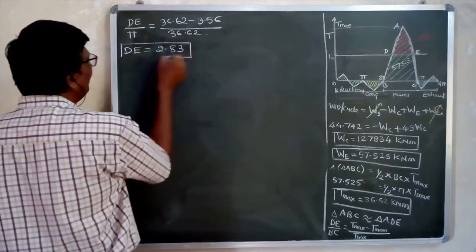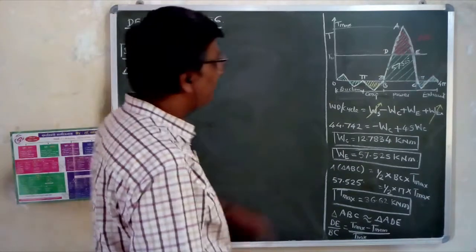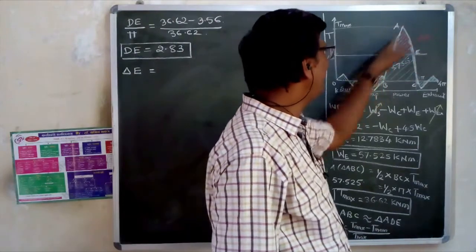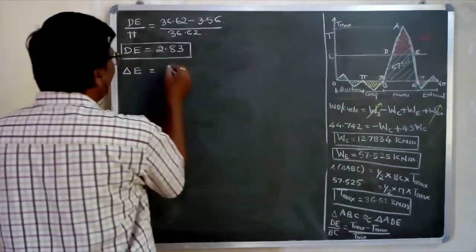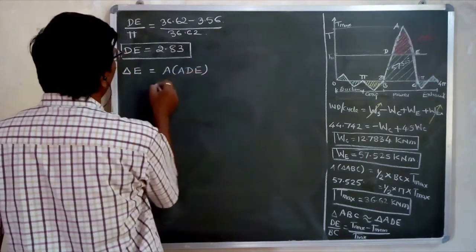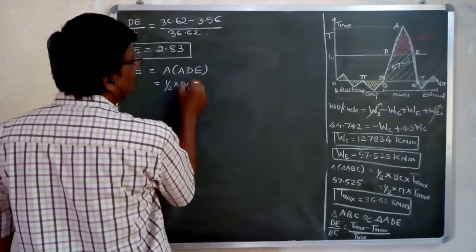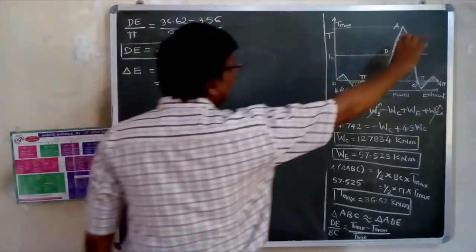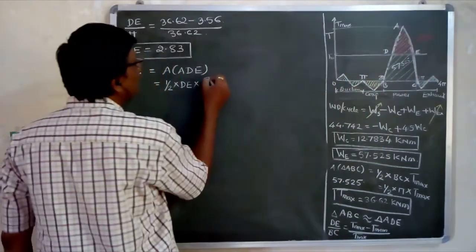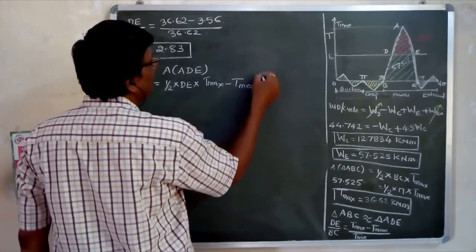Now you can calculate delta E. What is delta E? Delta E is nothing but equal to area above this line, that is area ADE. What is that area ADE? That is half into DE into this height, which is nothing but T max minus T min.